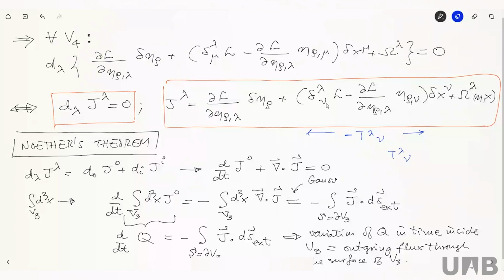So it's the opposite combination. This tensor T lambda nu is known as the energy momentum tensor.